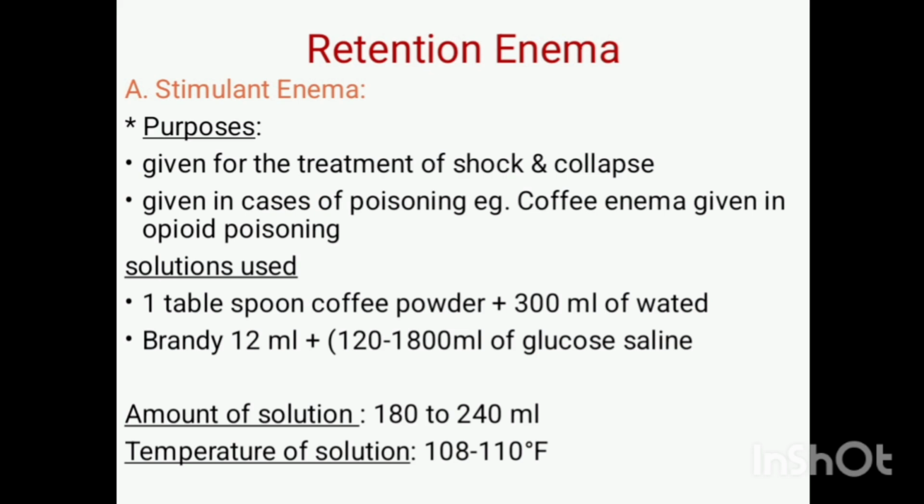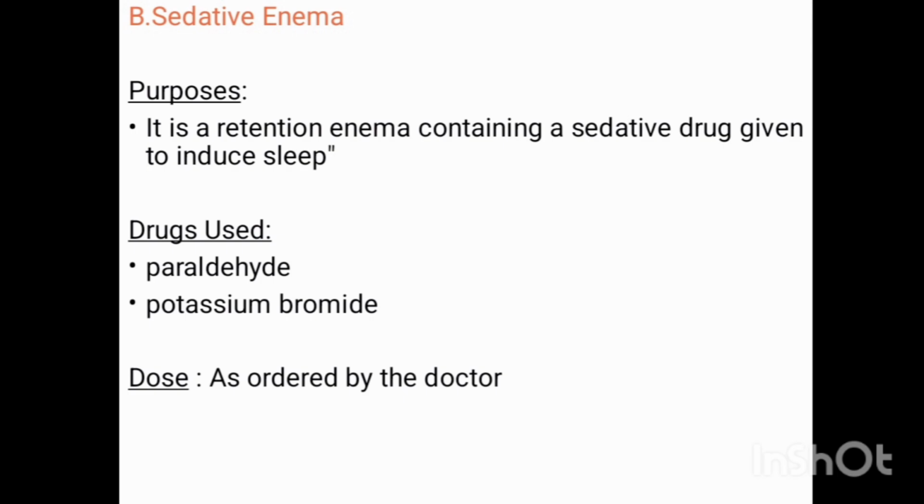Temperature of solution: 108 to 110 degrees Fahrenheit. B. Sedative enema. Purposes: it is a retention enema containing a sedative drug given to induce sleep. Drugs used: paraldehyde, potassium bromide. Dose: as ordered by the doctor.